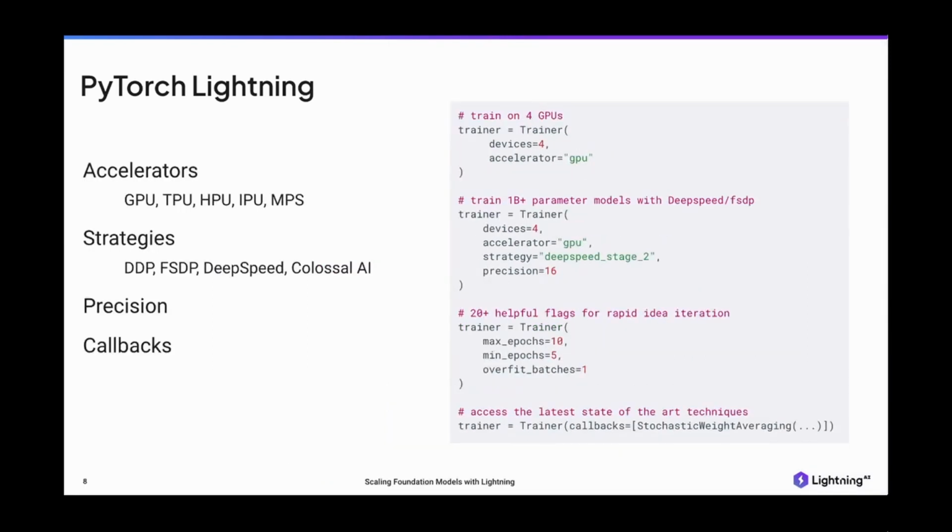And by doing so, you have access to trainer switches that, just by flipping that switch, you can get from one device to another, one accelerator to another, distribute on multiple devices, use distributed strategies that you can configure and pass or just specify through a string, change the precision, use callbacks.